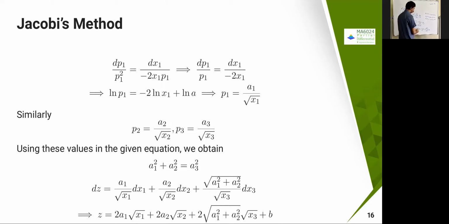Okay, so you have two constants now. Once you integrate this one, you are going to get another constant. So if I just integrate this one, you are going to get 2 a1 root x1 etc. Okay, so once you integrate this one, you are going to get one more constant. So that constant I just call it b or a3, whatever you call it. So you got the complete integral because three variables are there, three constants are there. Okay, so this is the idea for this one.